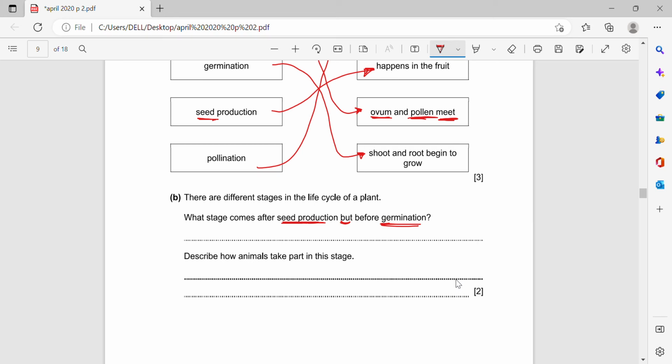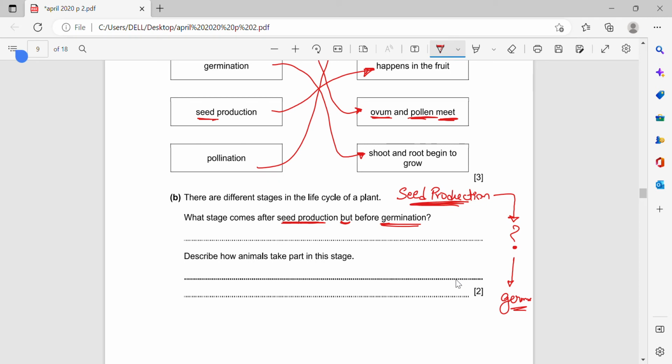So I have the seed here. What's the process that comes after the seed production and before the germination takes place? After the seed production happens, before germination, there is one missing stage here.